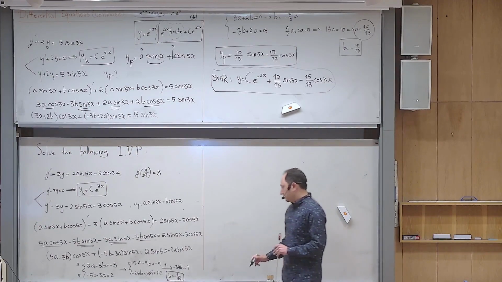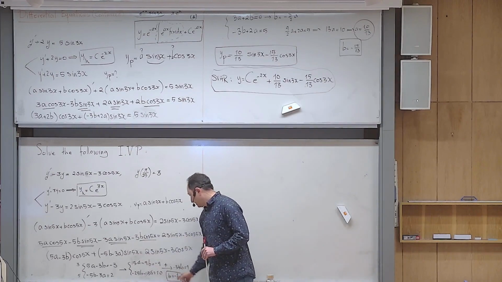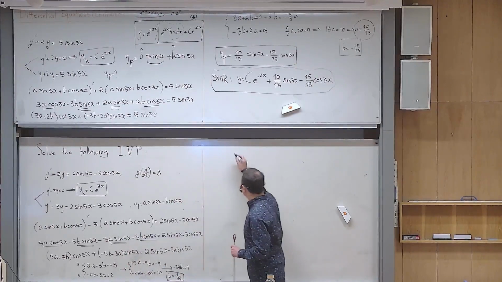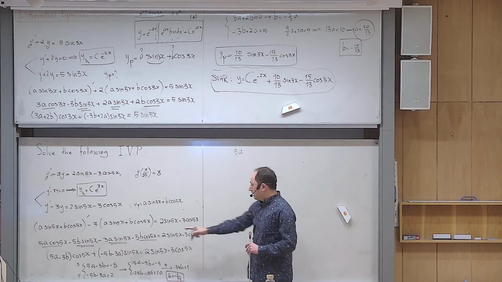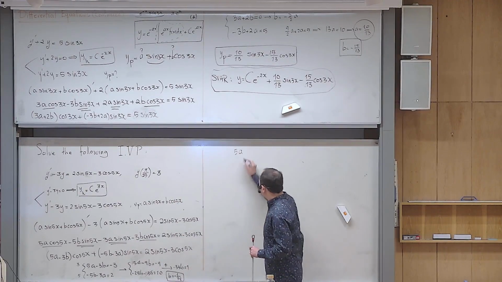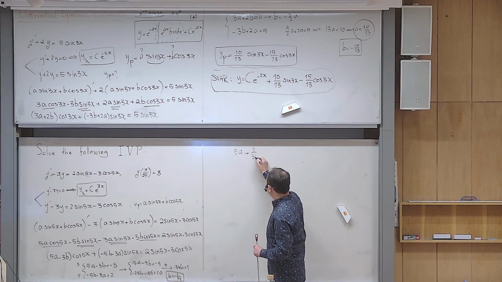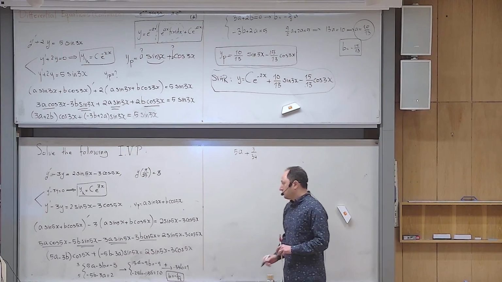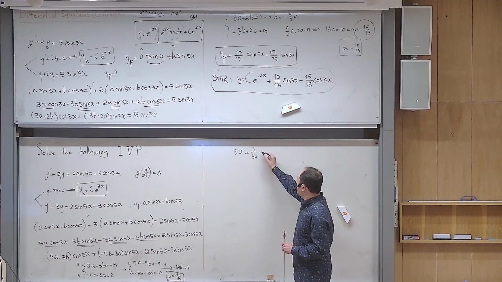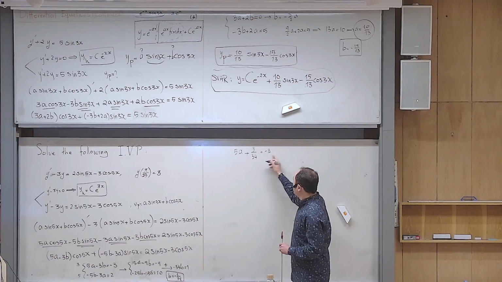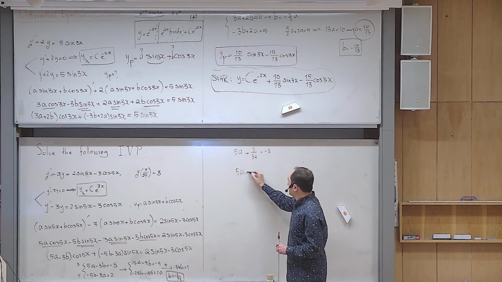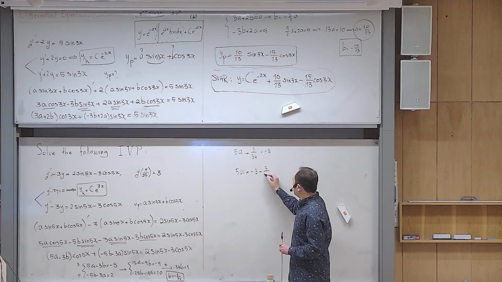Okay, let us use the first one. I have 5a minus 3 times my b, which is positive 3 over 34, is equal to minus 3. So I move this to the other side, minus 3 over 34.